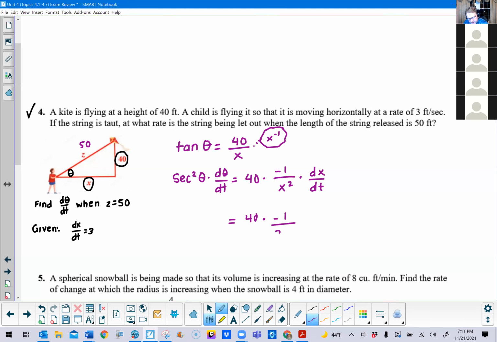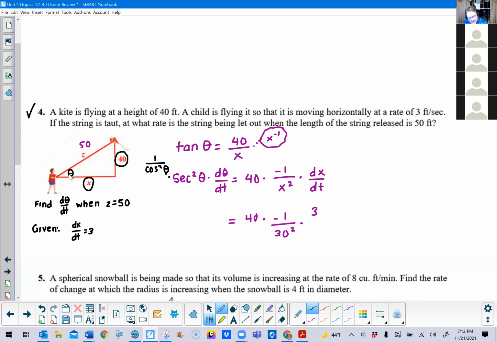So that x is going to be 30 squared. And of course, the dx dt is already here listed as 3. And then to find the secant squared of theta, instead of thinking of this as secant squared, it's a lot easier if you think of it as 1 over cosine squared, using some knowledge from your trig class, right?